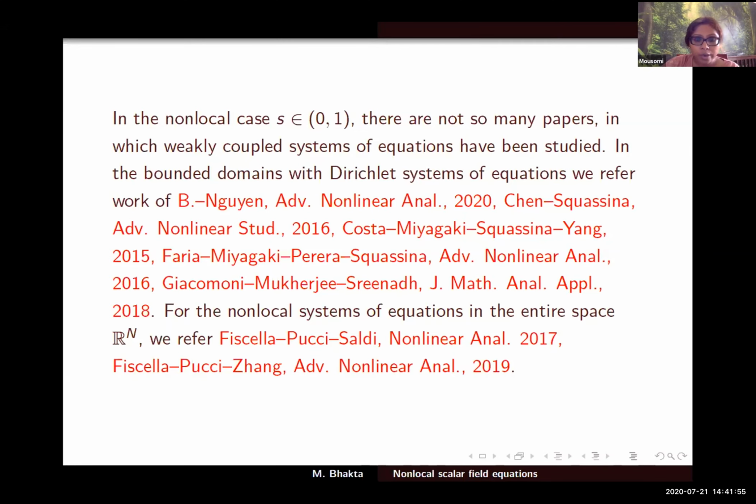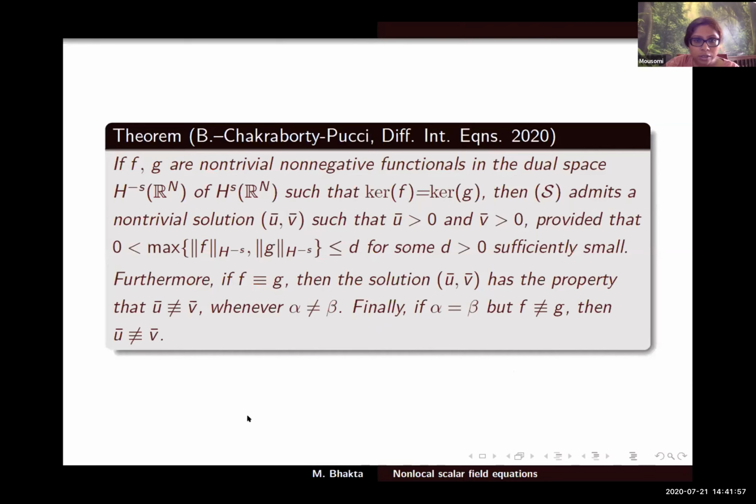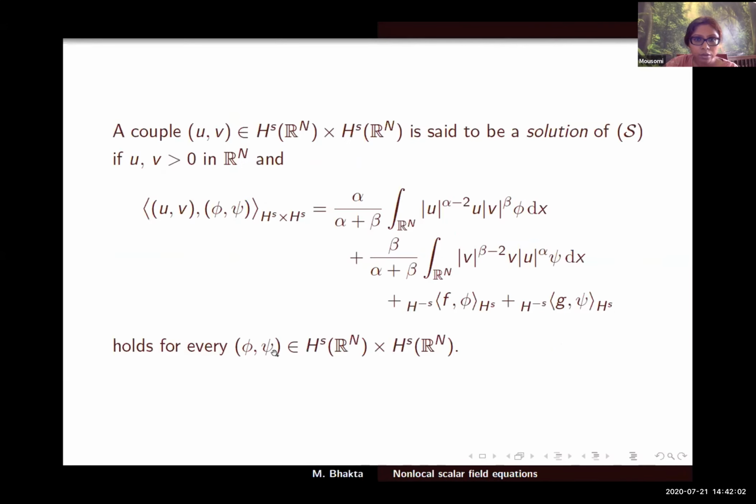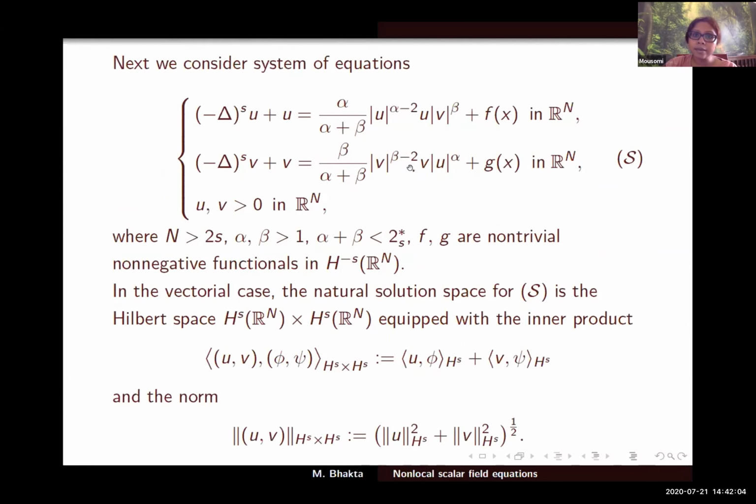So I just go back to the system again. We are interested in existence and multiplicity for this equation.